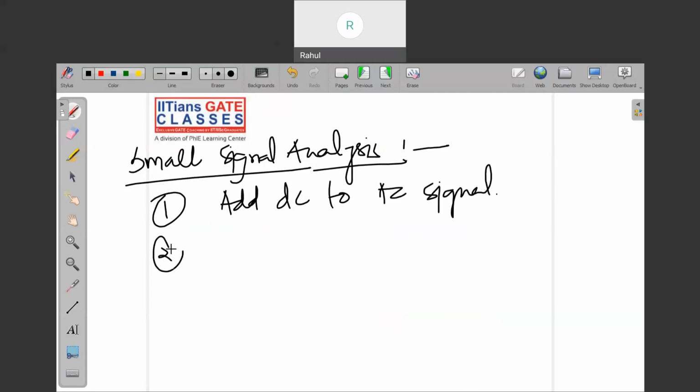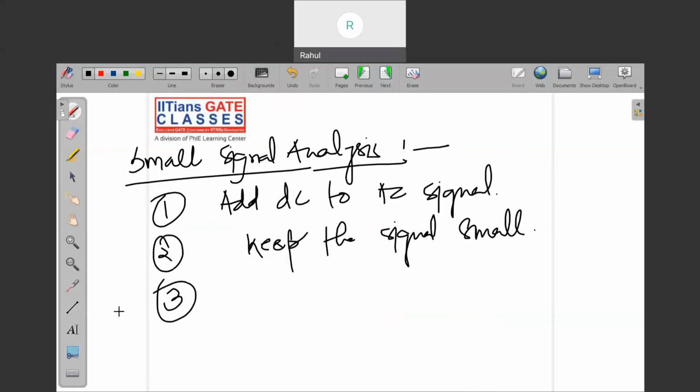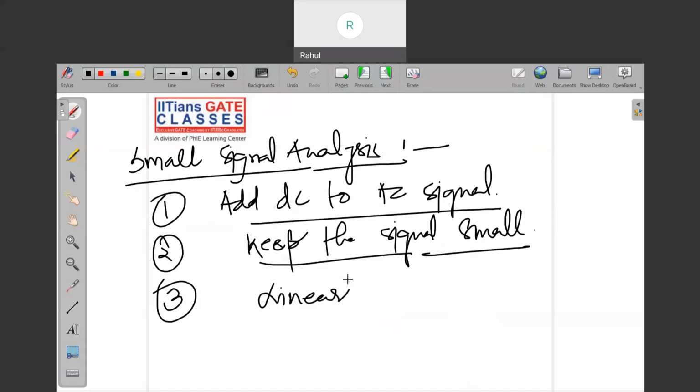Second, keep the signal small, because after all, you can amplify that signal. And third, the moment you do this, your diode becomes a resistance, so you can operate in the linear region. That will give you a linear picture of the diode.